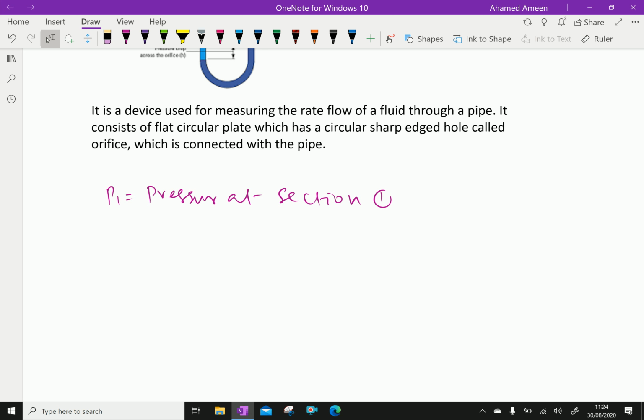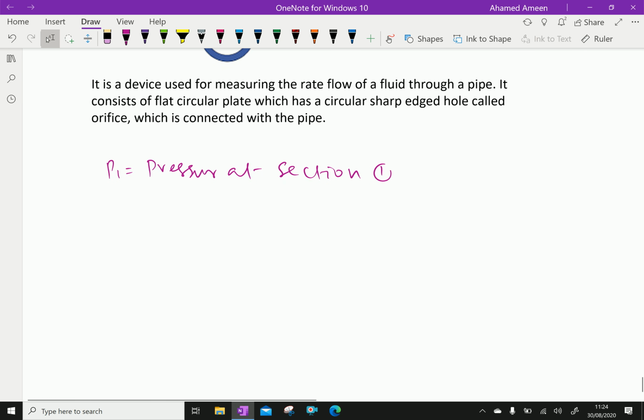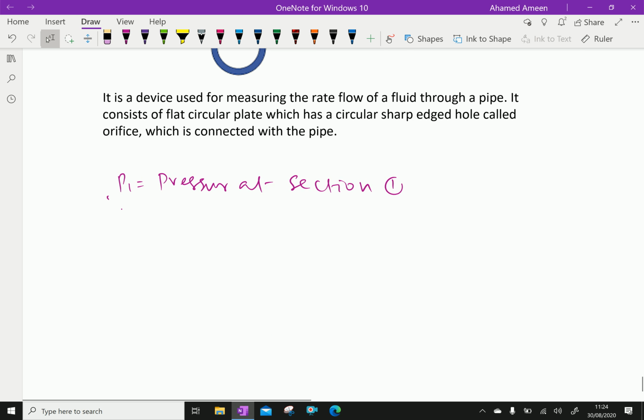This is section 1 and section 2 is here. V1 is the velocity at section 1.